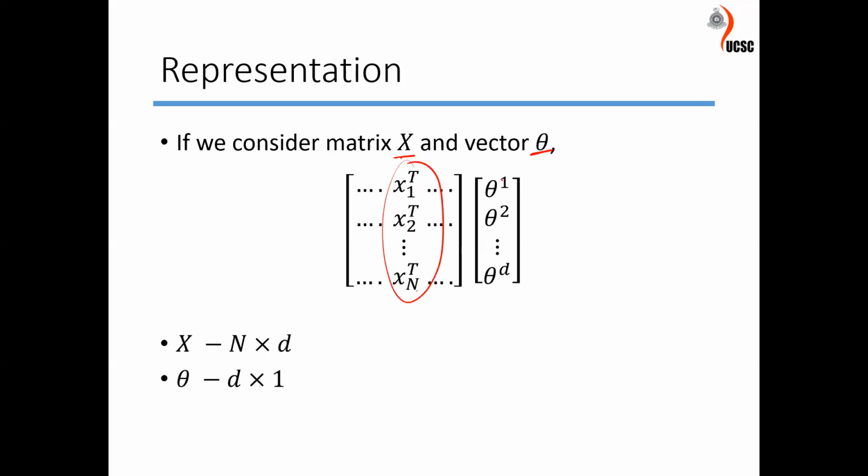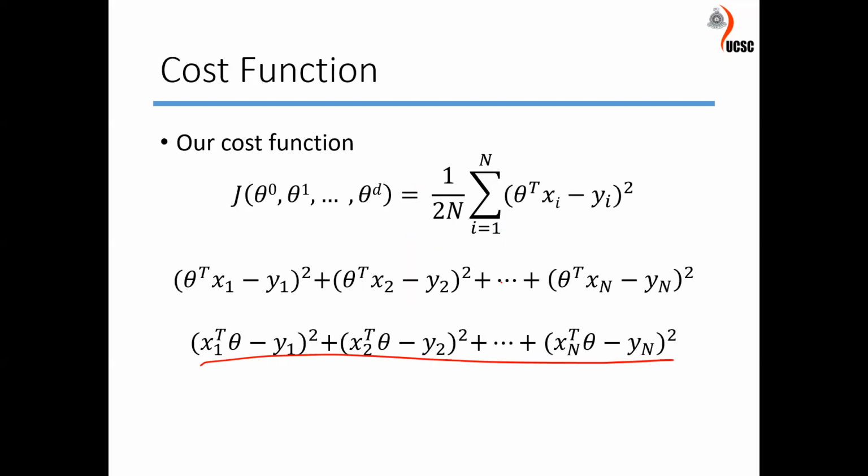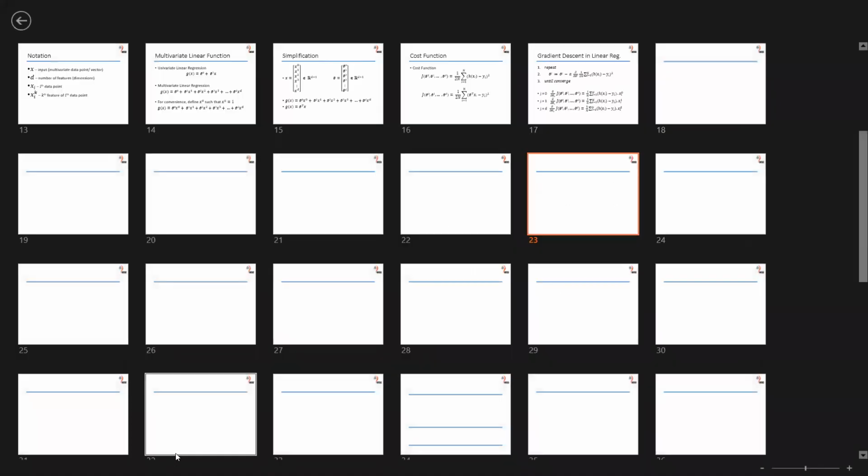Then we have theta 1, theta 2, theta d. So here you can see it's basically x1 transpose theta, x2 transpose theta, up to xn transpose theta.